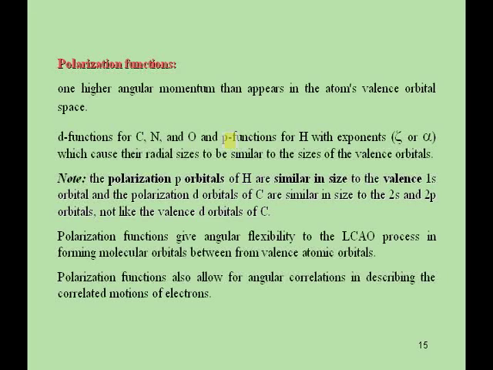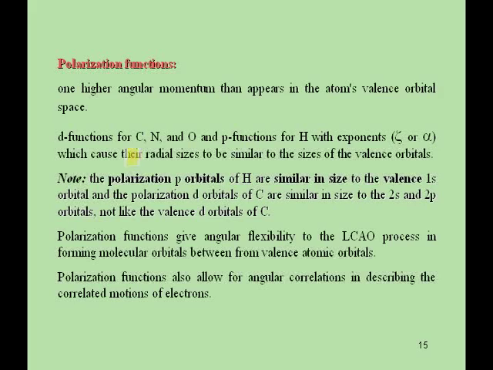But what's different from the excited orbitals of the atom, they actually have the same radial size as the valence orbitals. Now, I know you're saying, why is that the case? What is that for? Well, I have to explain with some pictures. But the general idea to keep in mind is a polarization function on a carbon, nitrogen, or oxygen is going to be d. A polarization function on a hydrogen atom is p, one higher angular momentum than you think that atom deserves in its ground state.